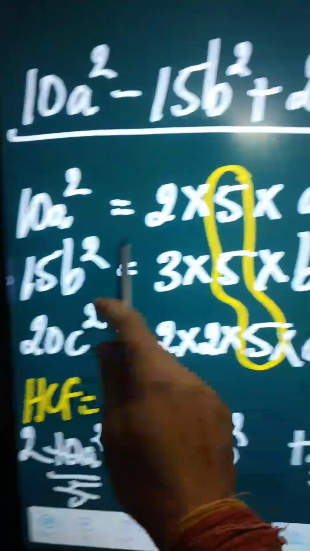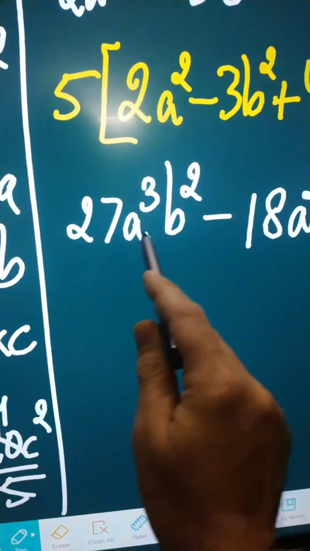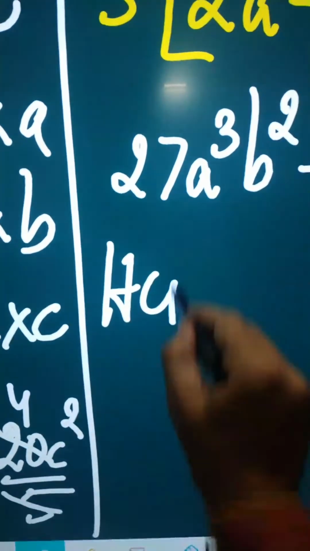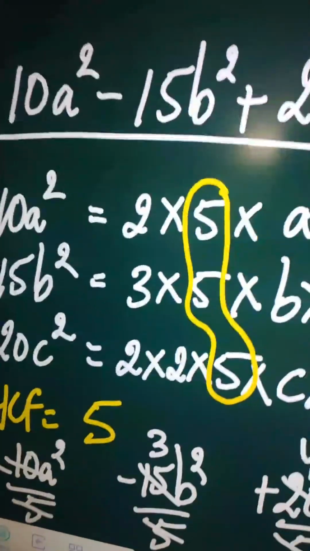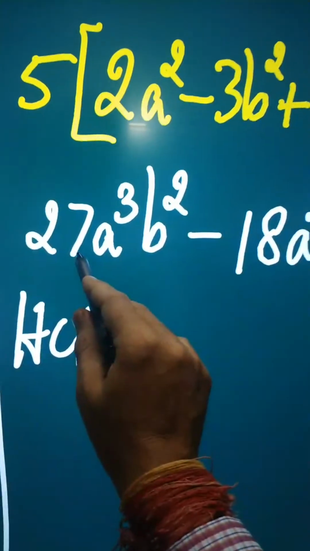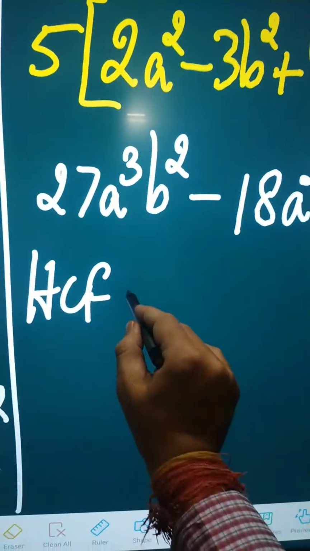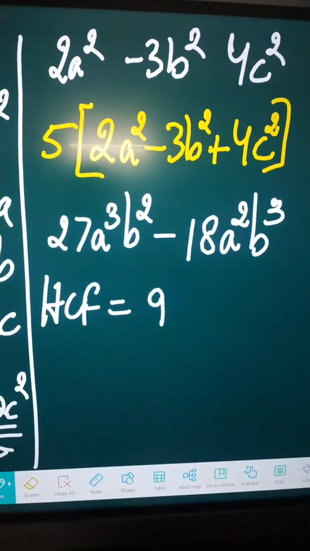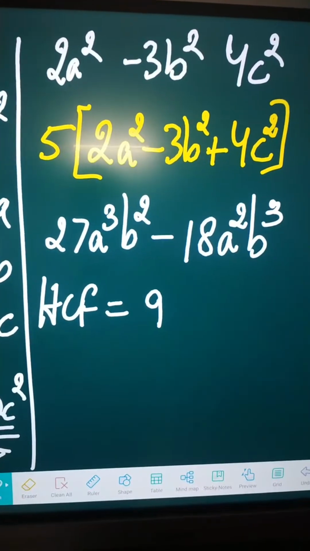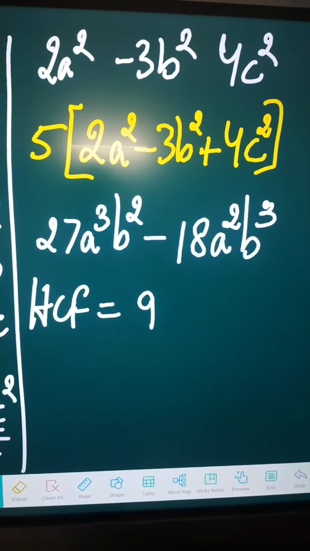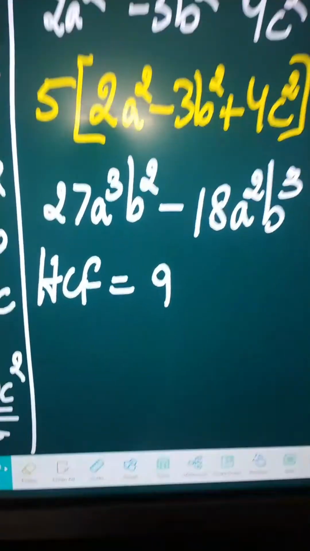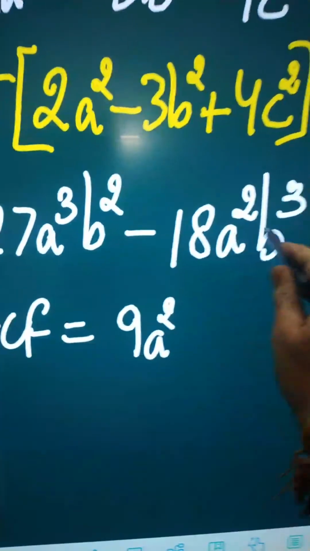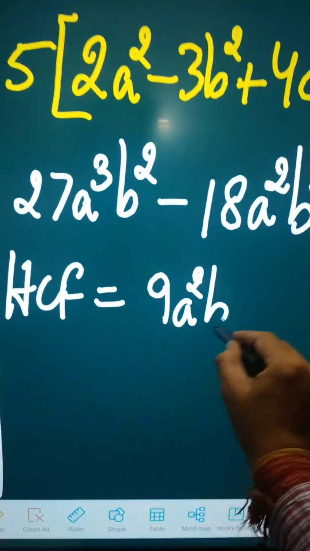First you write the terms in factor form. By the method I have told, the HCF of 27 and 18 is 9. Then a cube and a square: what is common? a square is common. Then b square and b cube: what is common? b square.